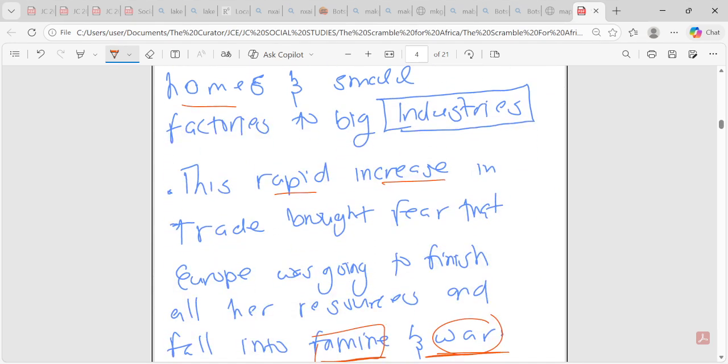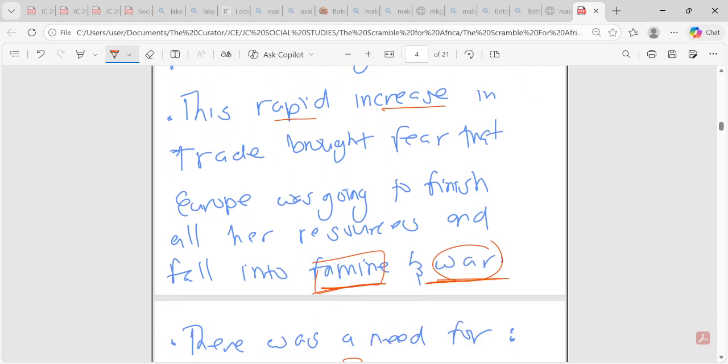And so this rapid increase in trade brought fear that Europe was going to finish all her resources and fall into famine and war. Having studied Mfecane, we know about war, what causes war, what are the effects of war. So they feared a similar fate.